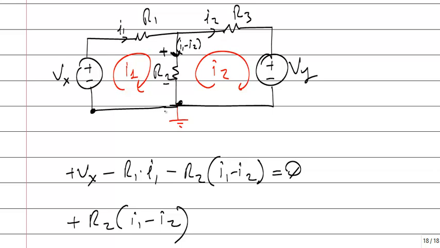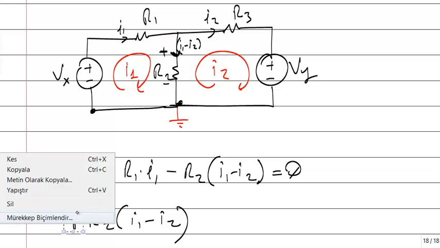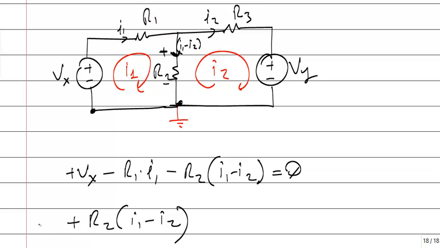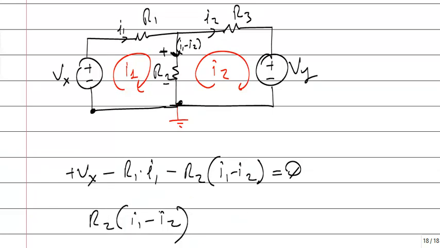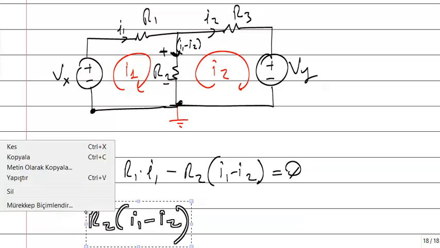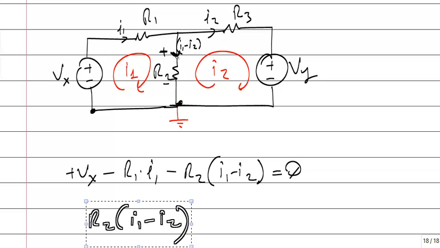Do I write plus or minus here? Question. Can you help me? Is this a voltage? Yes. What is the positive side of this voltage? I1 minus I2 is the current downwards.